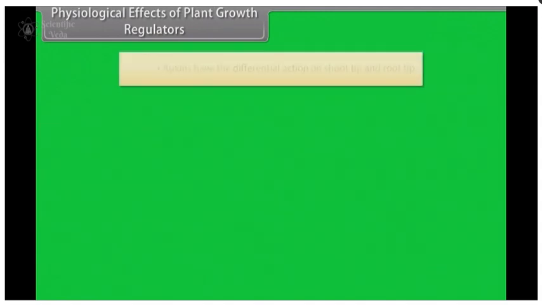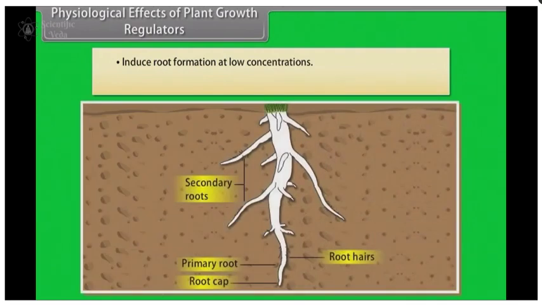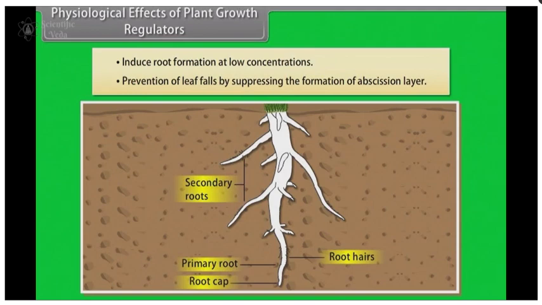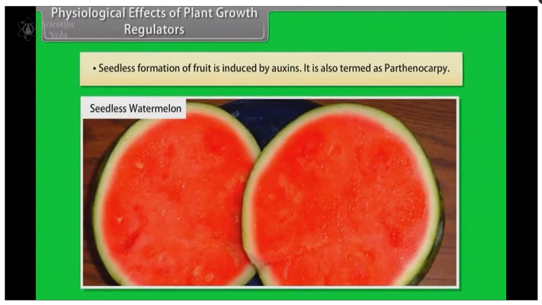Auxins have differential action on shoot tip and root tip. They induce root formation at low concentrations. They prevent leaf fall by suppressing the formation of the abscission layer. Seedless formation of fruit is induced by auxins. It is also termed parthenocarpy.